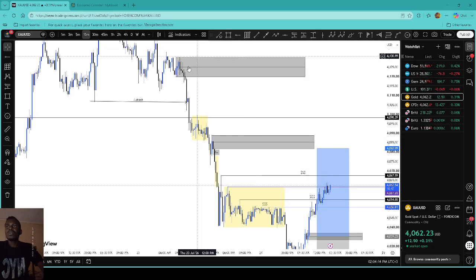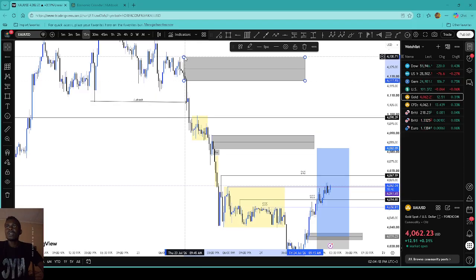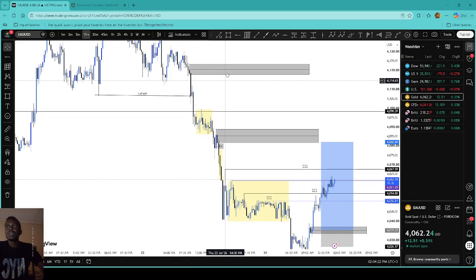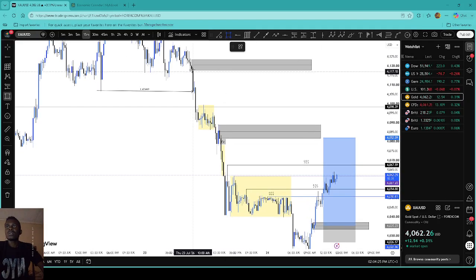Now, because the trend changed, I want to see price over here. There is also another order block over here, and there is also a fair value gap in it.